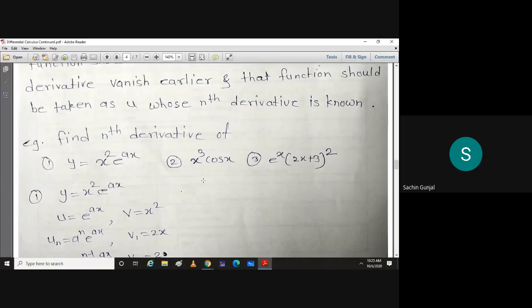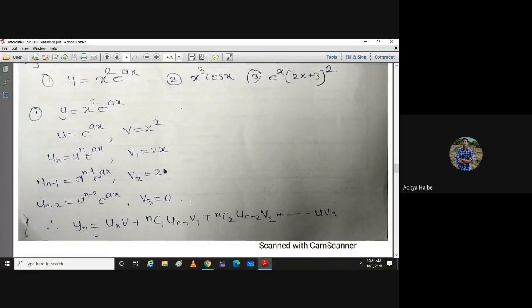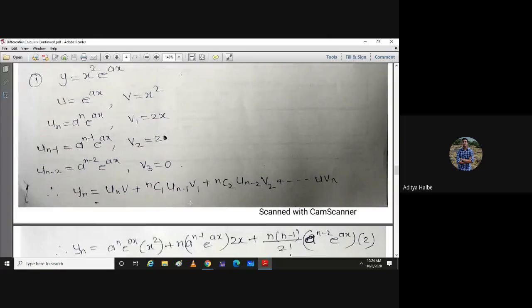Can you try this second one, x cube into cos x? Or do you want to copy the first one first? Please respond. Sir, we are copying. Okay. Just write it fast.